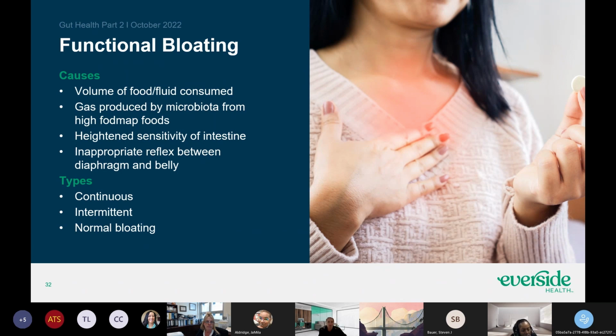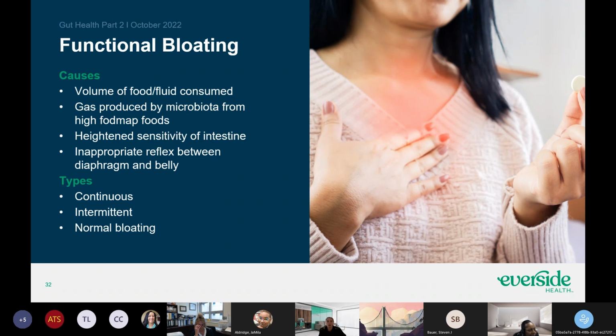Functional bloating. So this is, again, if you're thinking about your abdomen kind of like a balloon, if you inflate the balloon and you feel like you're really puffing up, that's going to be bloating. You just feel like you got your balloon expanded too much.